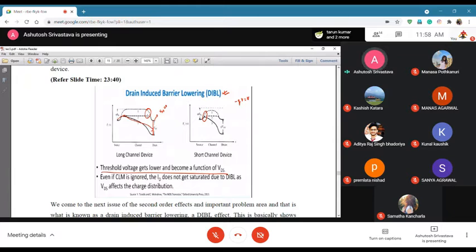The vertical field is higher while the horizontal field is comparatively lower.